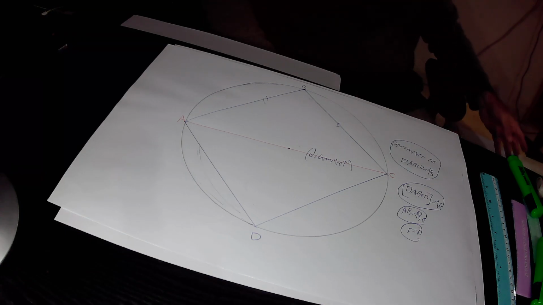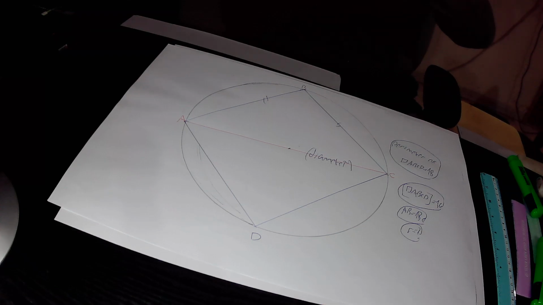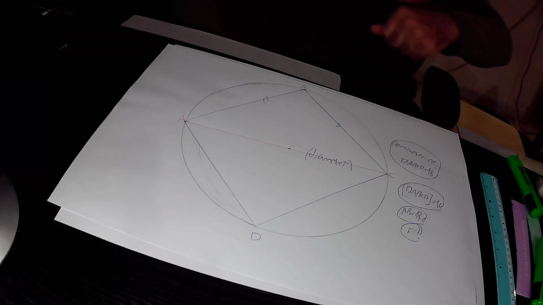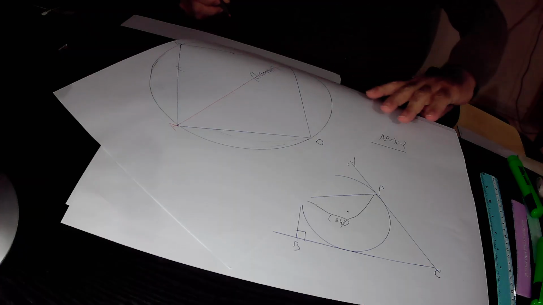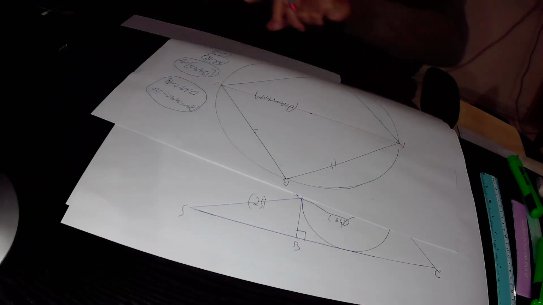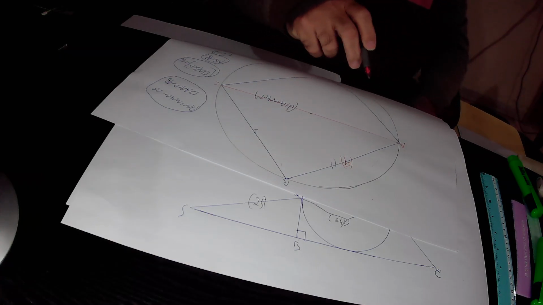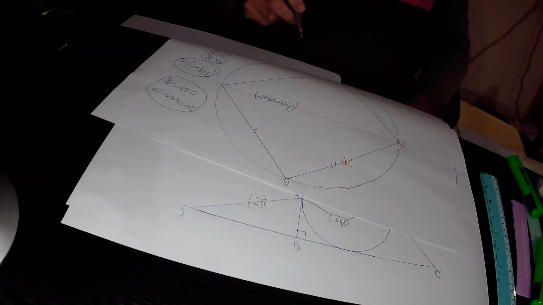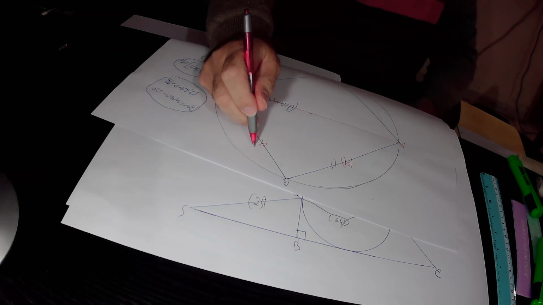So first of all, we will define the side lengths of quadrilateral ABCD with letters. We define the length of side AB as A. Side AB equals side BC in its length, therefore BC must also be equal to A units in its length.